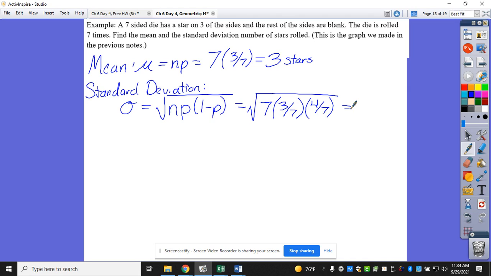So our graph yesterday from 0 to 7 peaked at 3. And what do we get as our standard deviation? 1.3093 what? Stars.